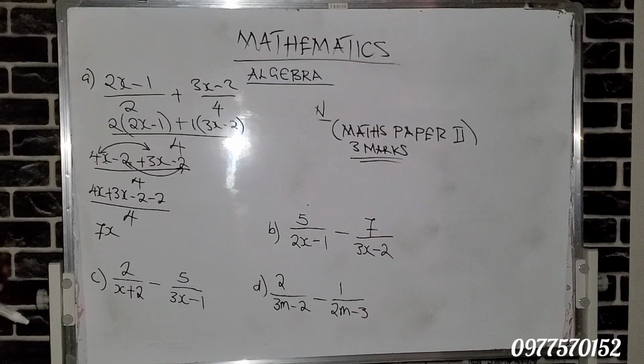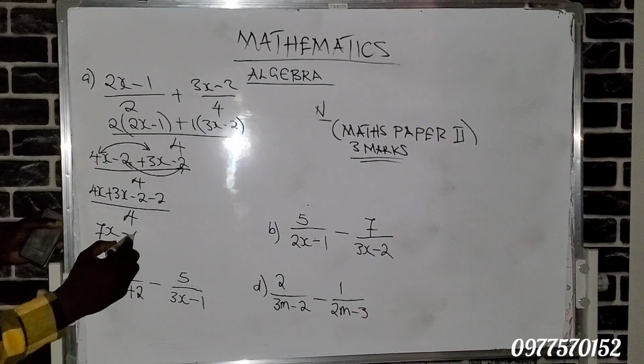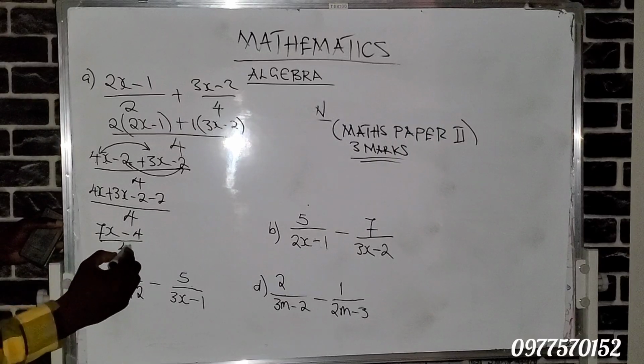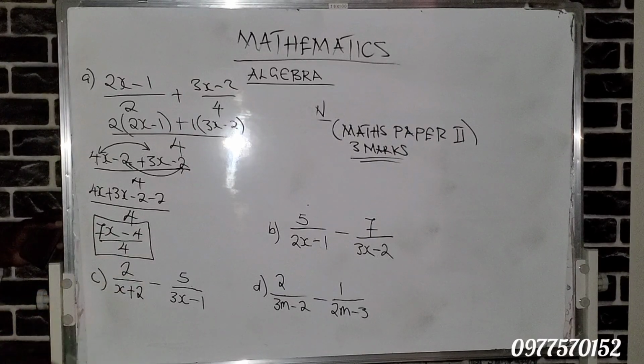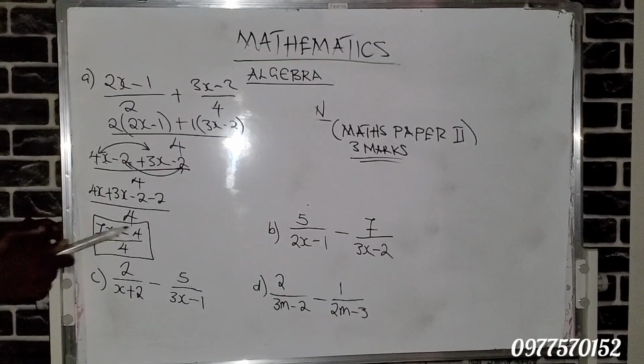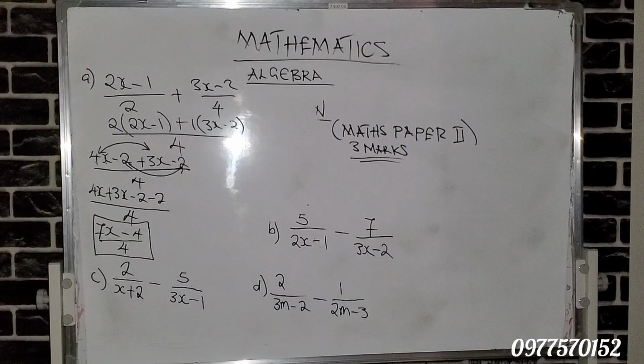Negative 4. Negative 4 over 4, and this is the answer. These numbers can't go into 7, into 4, and into 4, so you just leave it here as the final answer. So that is the answer to the first question.